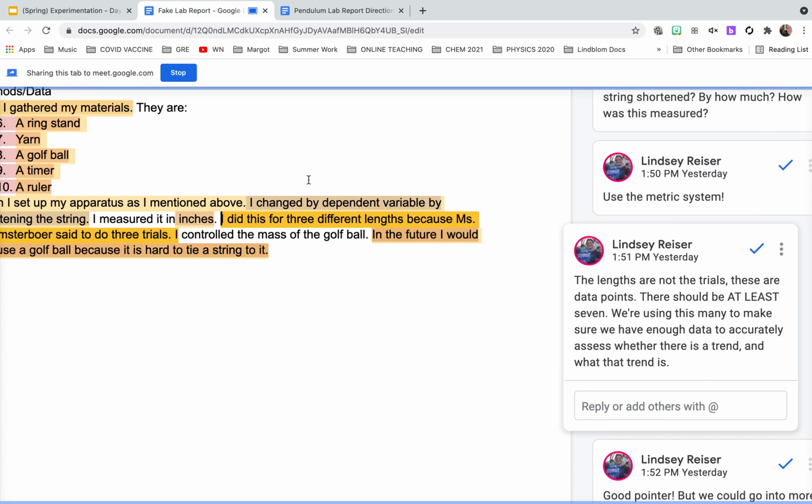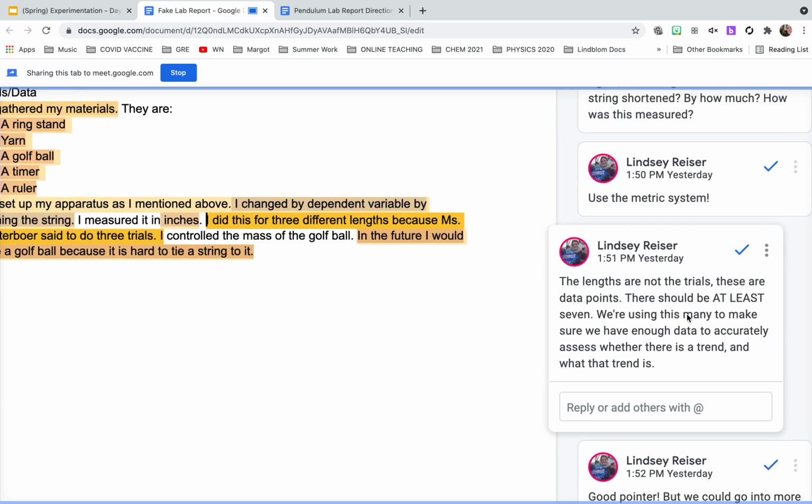So I think that this specific comment here is really good, okay? The lengths, well, first of all, the lengths are not the trials. The lengths are the data points. And then there should be at least 7 data points, and each data point has 3 trials.